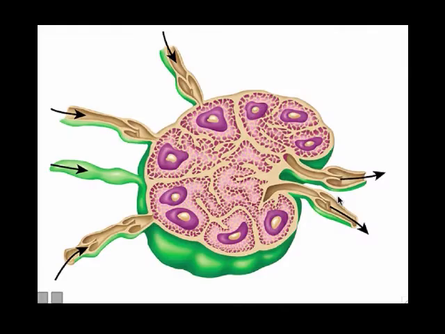So here's a close-up of one. This entire green-shaped thing right here is one lymph node, and you can see several lymphatic vessels converging into it right there, and then just one or two flow out of it. So they're basically convergence points of the lymphatic ducts. Hollow structures located at the points where the lymphatic vessels converge.